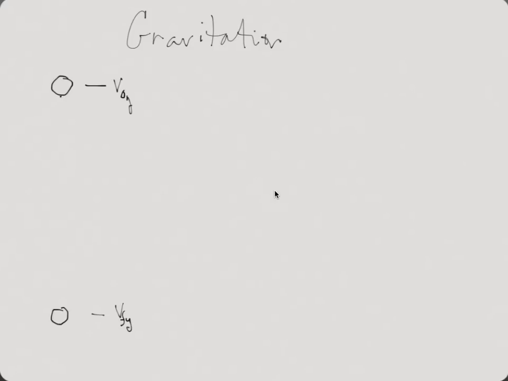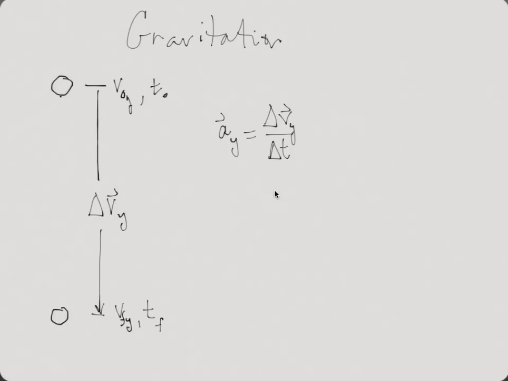Okay, now remember that if we have this change, and velocity is a vector, this change in velocity in the y direction is going to occur over some time period. And if we have a change in velocity in y with respect to time, we call this acceleration. So this is going to be our acceleration in the y.